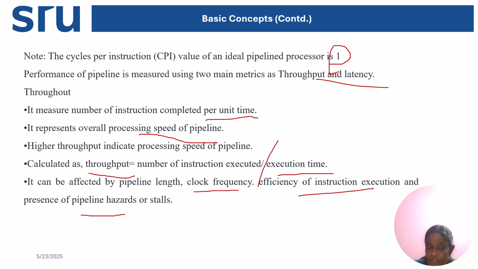And then stalls. Stalls means staying, delaying; it is not continuously moving on, it is stopping at some place. So these are all the factors that affect the pipeline throughput or latency.